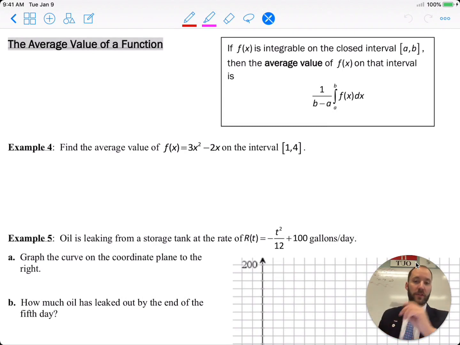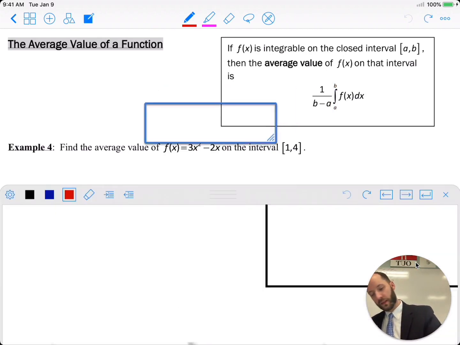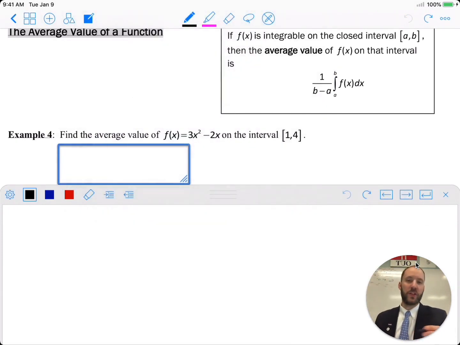Average value of a function. If you want to know the average value of a function over an interval, pretty simple. Just take the definite integral, right there, times 1 over b minus a. So find the average value of 3x squared minus 2x from 1 to 4.